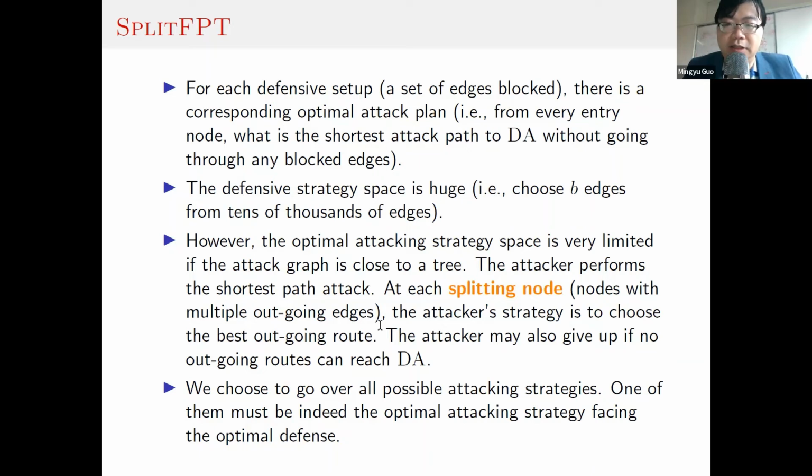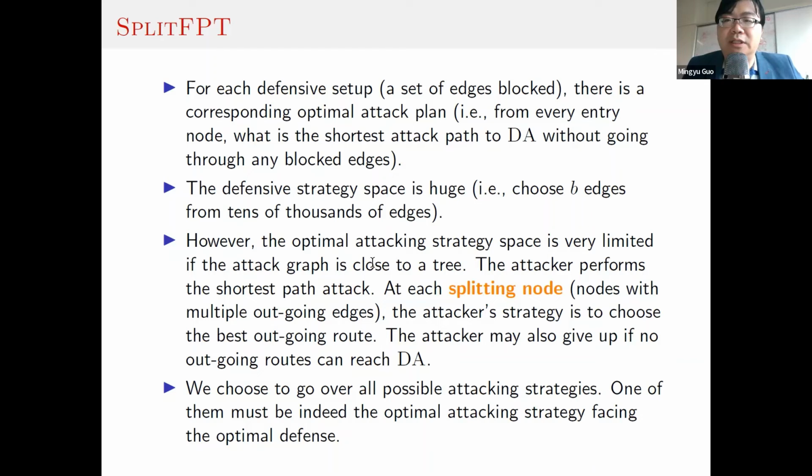There's no choice. The attacker needs to make a choice only if there are multiple outgoing edges from a node. So if the graph is close to a tree, then the number of splitting nodes is going to be limited, and then the attacking strategy space is very limited. So essentially, we observe that the attacking strategy space is much smaller than the defensive strategy space.